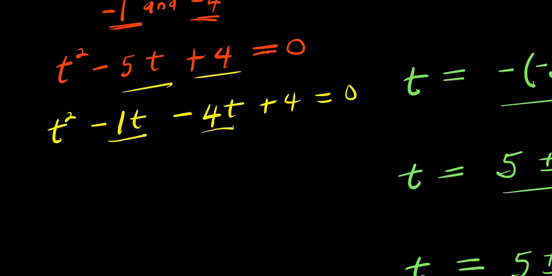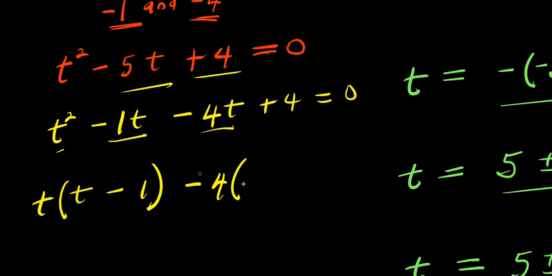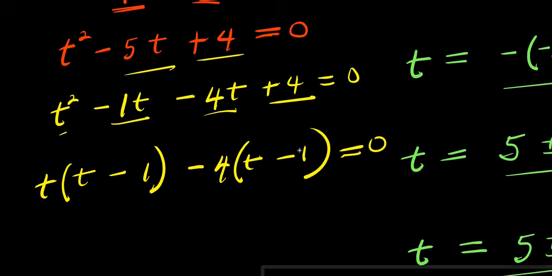So from here, you can factor out t. T squared divided by t, you have t; minus 1 times t divided by t, you have minus 1; minus 4t divided by t, you have minus 4. Have you seen that?